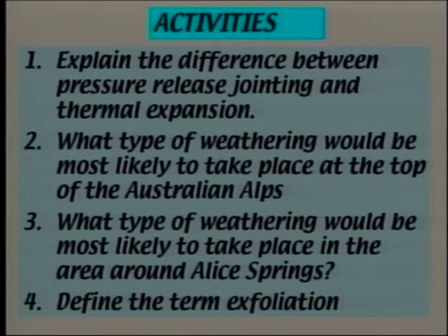Perhaps I need to make some clarity, especially for question 2 and 3. If you look at question 2 and 3, question 2 says, what type of weathering would be most likely to take place at the top of the Australian Alps? We have already covered physical or mechanical weathering, and we have looked at examples which come under physical or mechanical weathering.